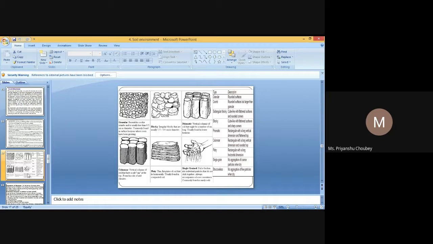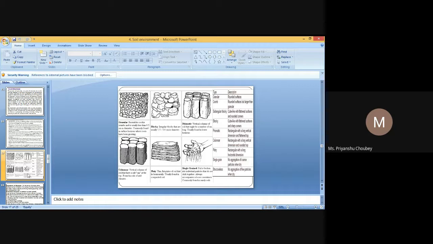Columnar: vertical columns of soil that have salt at the top, found in soils of arid climates. Platy: thin, flat plates of soil that lie horizontally, usually found in compact soil.